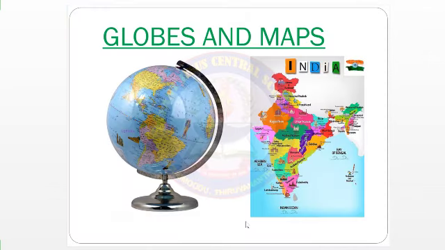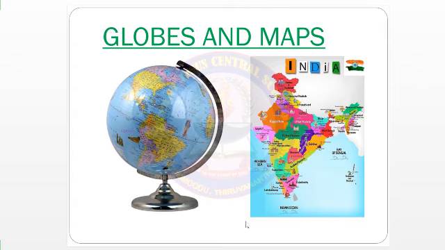Okay? How do we study our Earth? Two important tools we use to study the Earth are globes and maps. We have already learned about the globe in the last class.